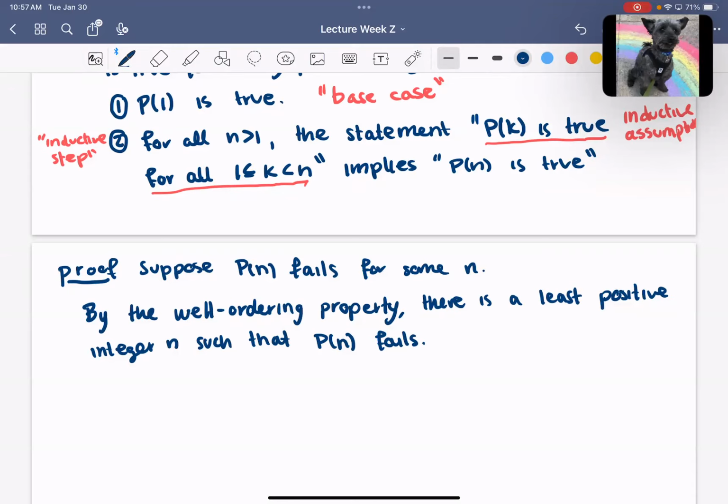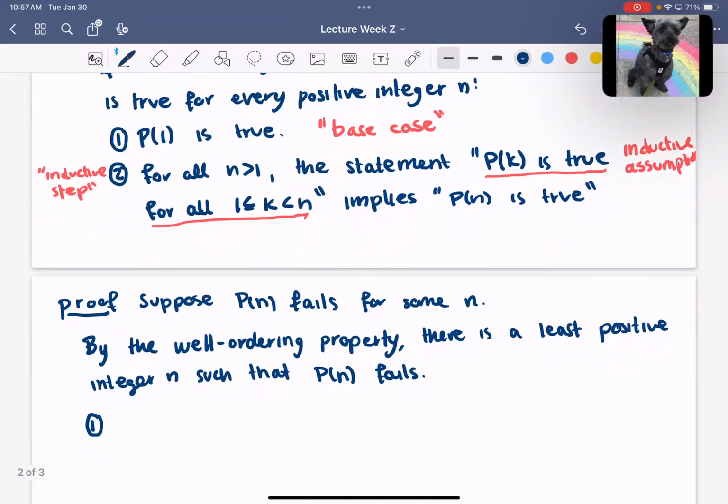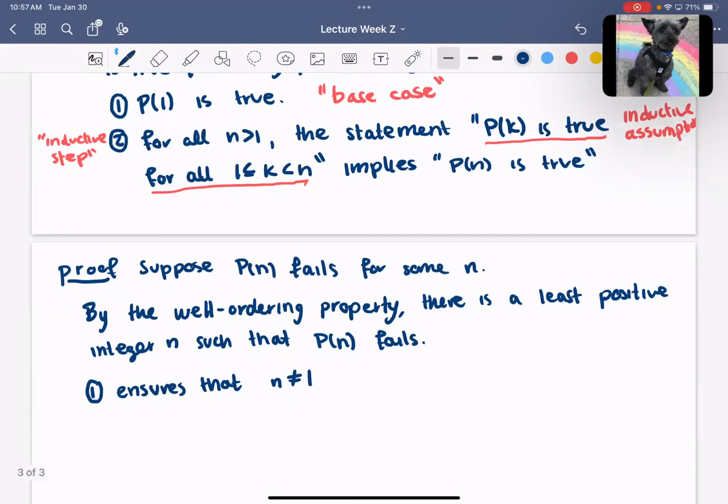Okay, so statement 1 from the theorem statement ensures that n is not equal to 1, right? And then we get our contradiction from statement 2. So statement 2 tells me that n, in fact, cannot actually be greater than 1.